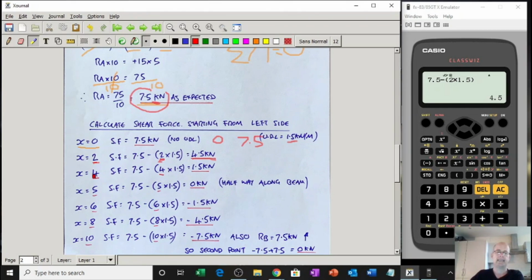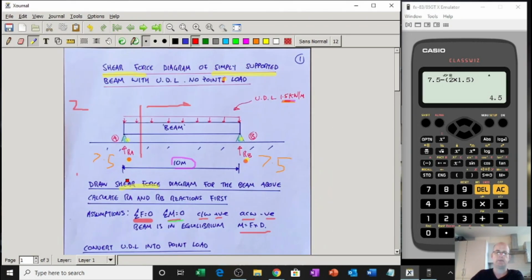Now I'll go to x equals 4 and see what I can see. So at x equals 4, there's 5, so 4 is here somewhere. So I'm just looking now at what I can see in here, ignore the rest of this. All I can see is my 7.5 coming up, because that's still there.